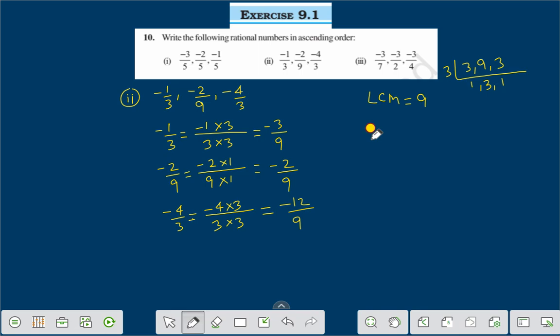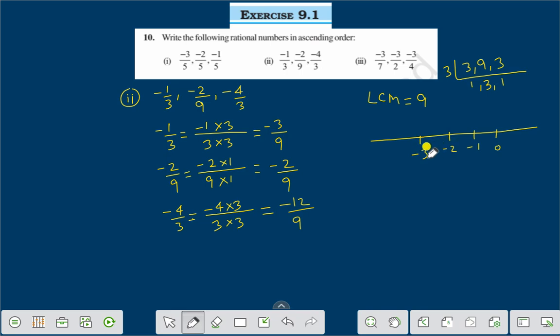Now in a number line, if we compare, this is 0, this is minus 1, this is minus 2, this is minus 3, like this, right? Here you see minus 2 and minus 3. If you compare these, here you see the minus 2 is on the right side of minus 3. Therefore, minus 2 is greater than minus 3, right?